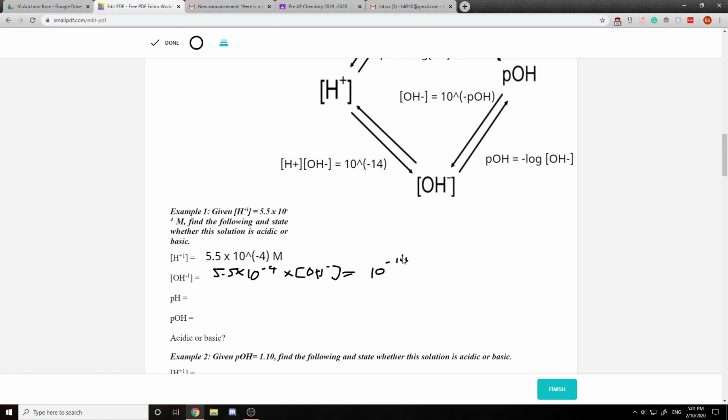So now we just solve for the unknown, which is your OH minus, by dividing both sides by 5.5 times 10 to the negative 4. So that leads us to 10 to the negative 14 divided by 5.5 times 10 to the negative 4. And that'll equal, let's bring up a calculator.